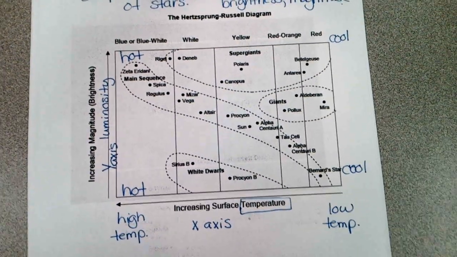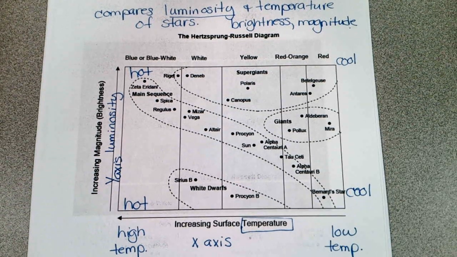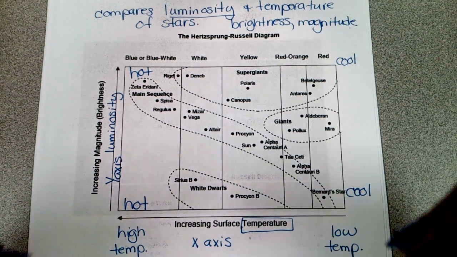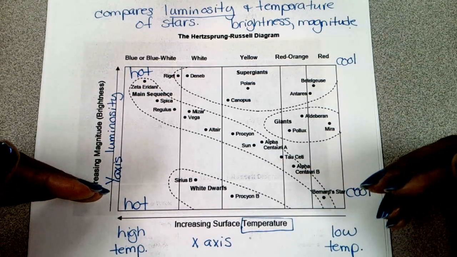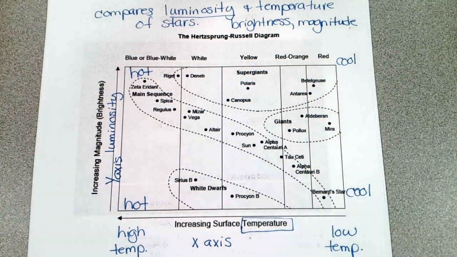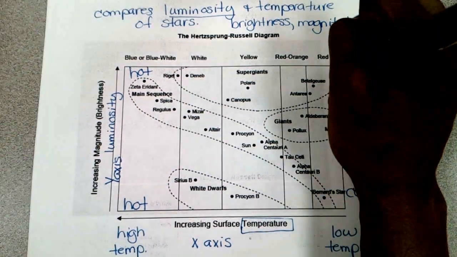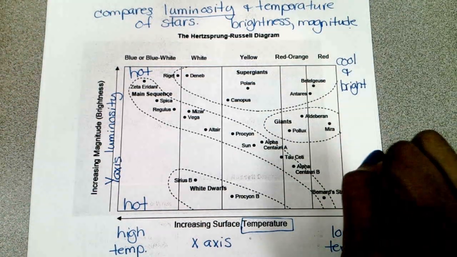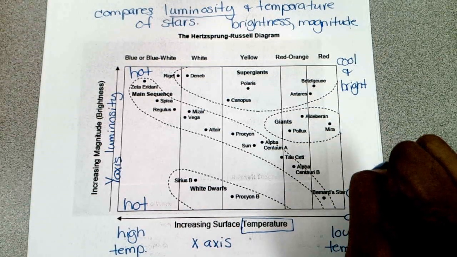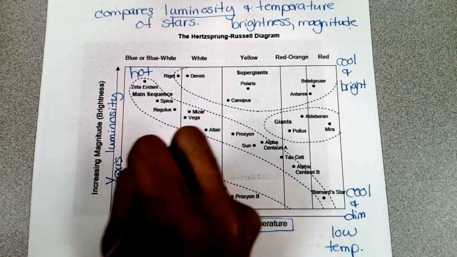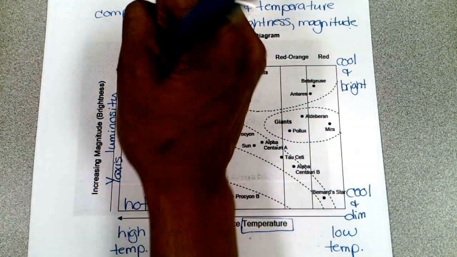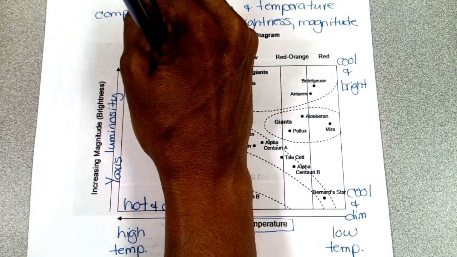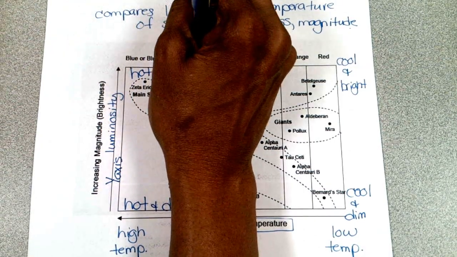And then when we talk about luminosity or brightness, your dim stars are going to be at the bottom. Your bright stars are going to be at the top. So this is a really good way to label your HR diagram. It's kind of like a four-corner, so to speak.